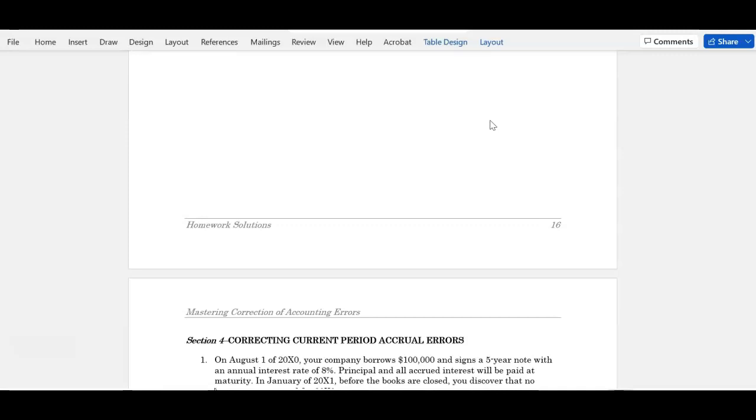And if the worksheet is given a thumbs up by your team, then using the worksheet, you prepare the actual adjusting journal entries. Adjusting journal entries will be done after the worksheet is completed and has been given the green light by your accounting team.